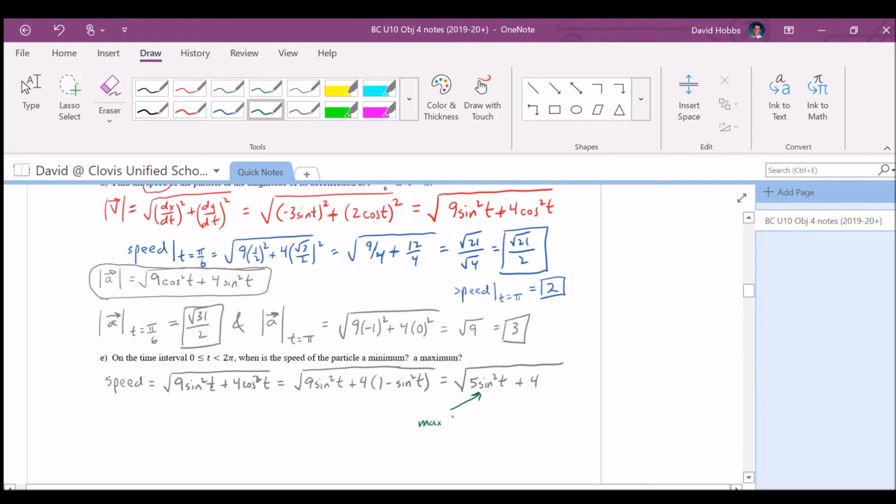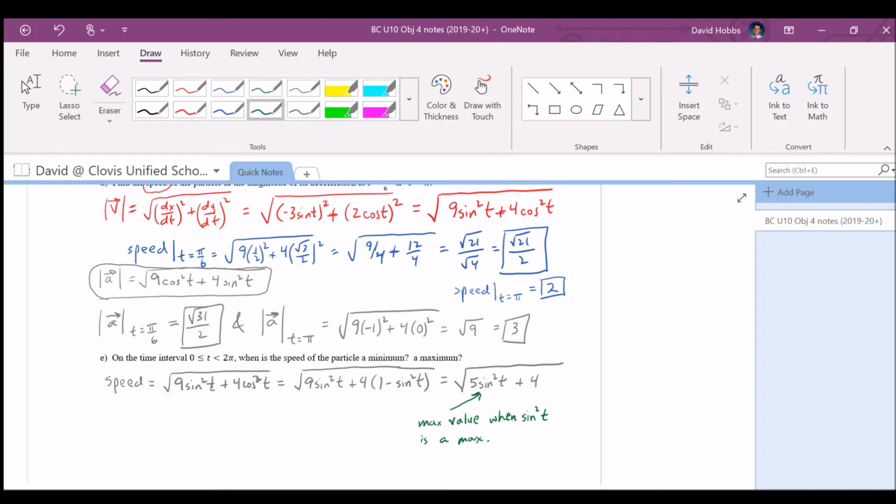We get the max value when sine squared t is a max. Well, what's the biggest sine t ever gets? The biggest sine t ever gets is 1, or even negative 1, and then we square it.